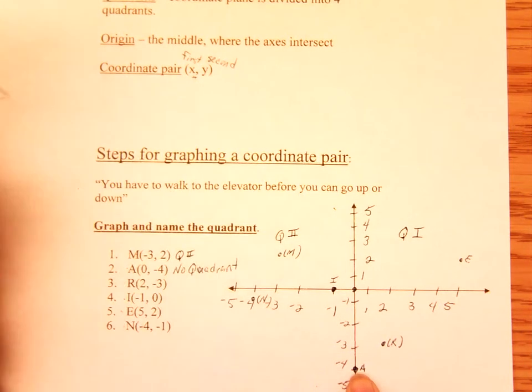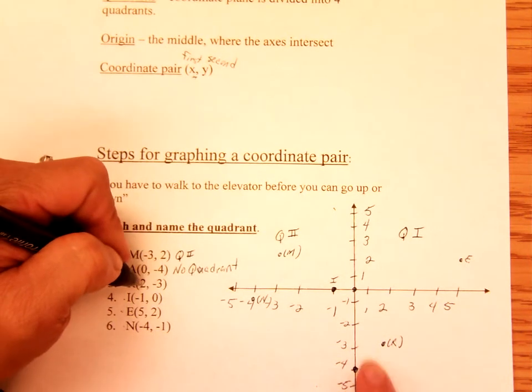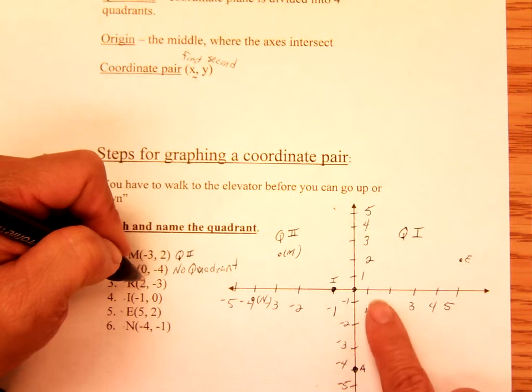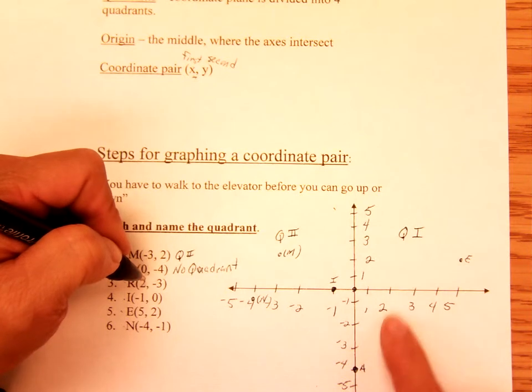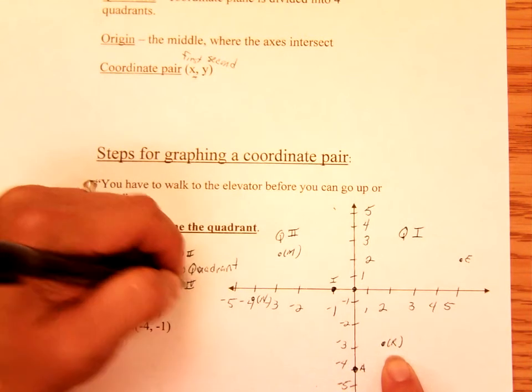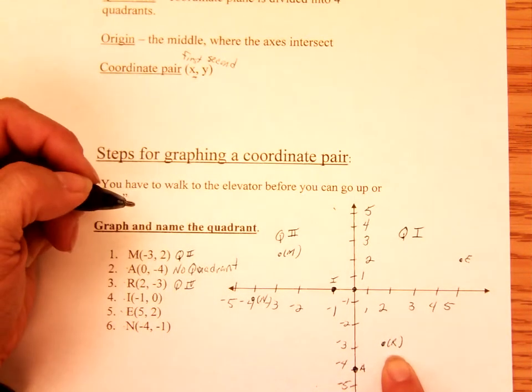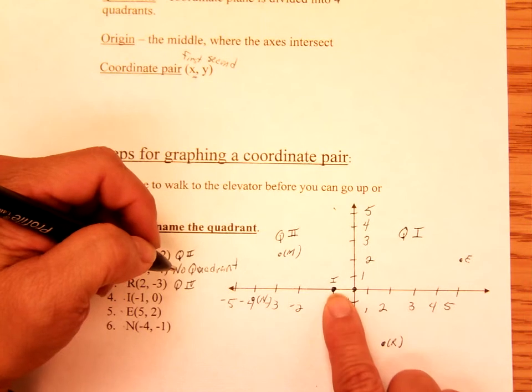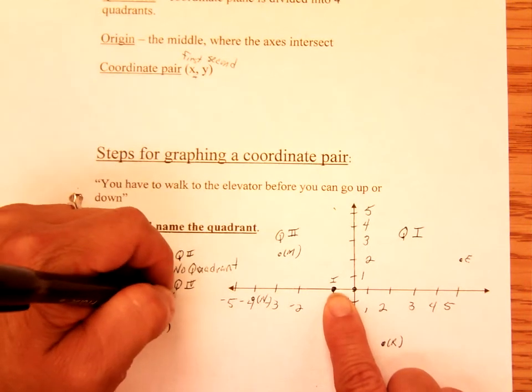R, (2, -3), is in quadrant IV. Make sure it's in Roman numerals. I, remember, it's on the x-axis, so it's no quadrant.